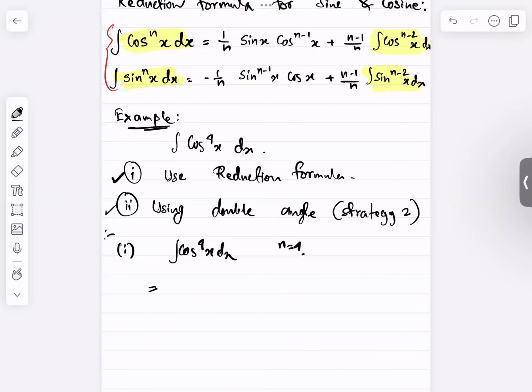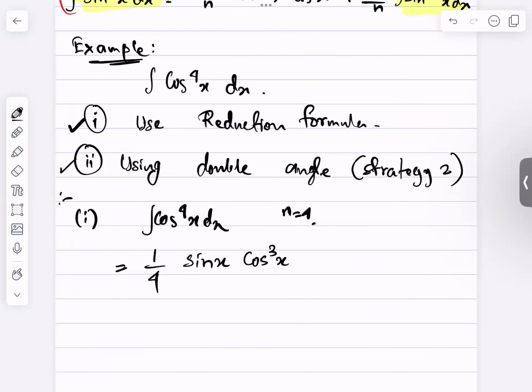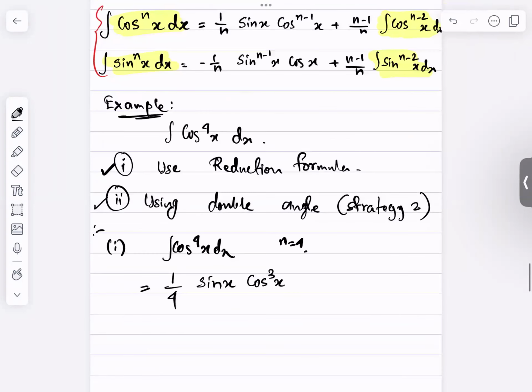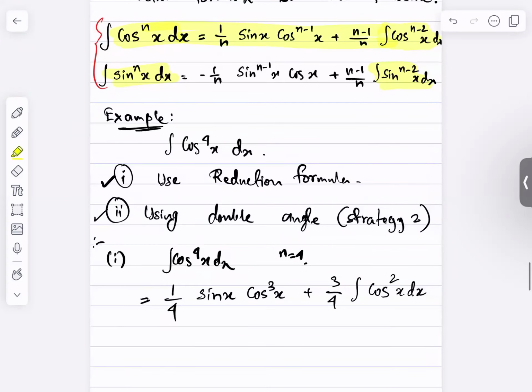So 1 by n becomes 1 by 4, sine x, cosine to the n minus 1 becomes cosine to the 3x, plus n minus 1 is 3 over n is 4, integration cosine to the n minus 2, just 2x dx. Which basically comes from this, taking n to be 4.